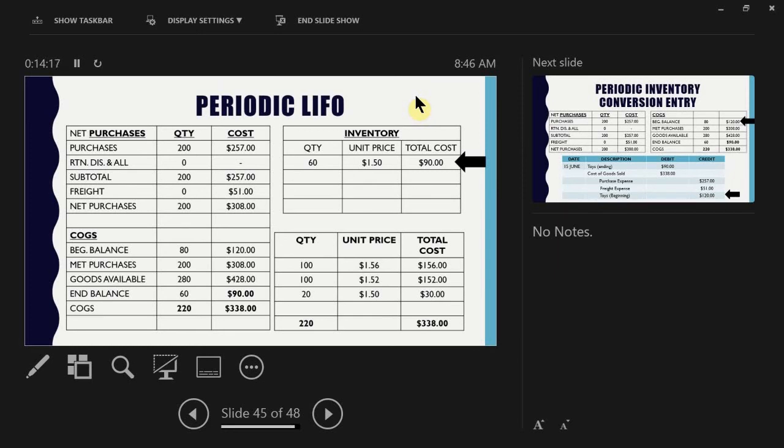So in this case, when we have beginning inventory, it should remain at the top of your window. Your ending inventory becomes your beginning inventory for the new accounting period. This beginning inventory ends up being your ending inventory because it's the first batch that you have in your inventory at all times.